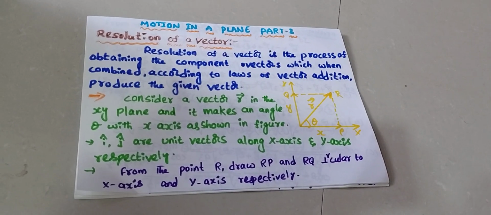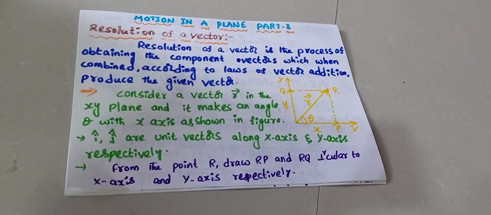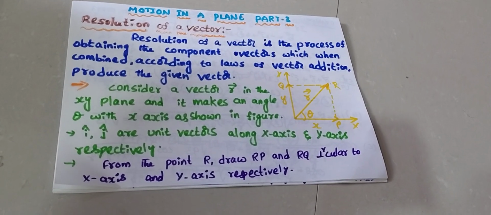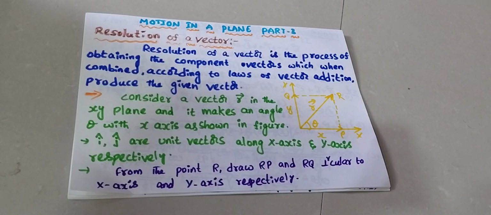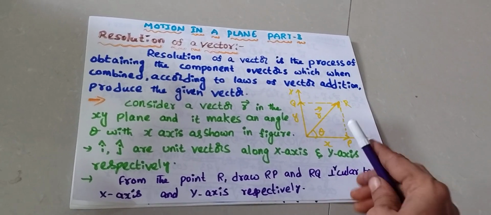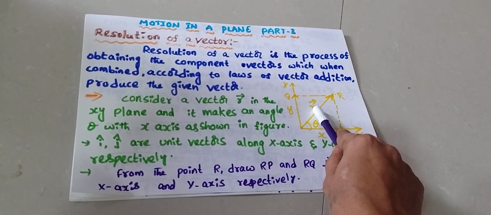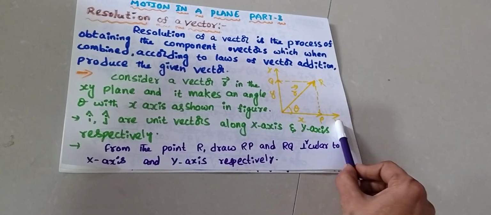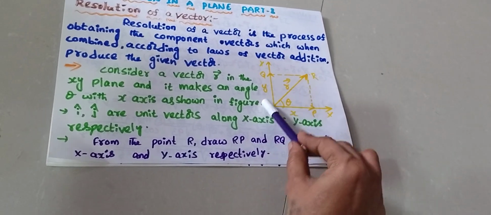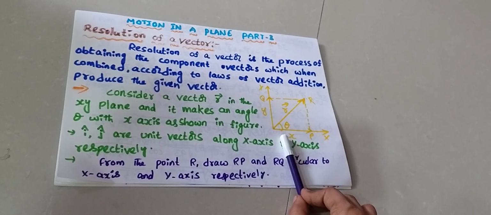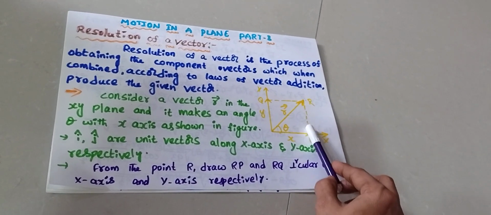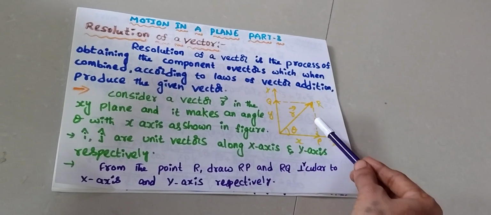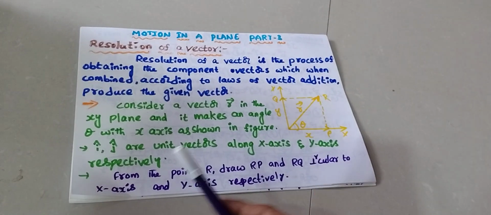Now, the law of vector addition. The x component is x, the y component is y, and the resultant vector is r bar. The x and y components make an angle theta. Here we can draw parallel lines, Q to R and P to R, and draw a normal.